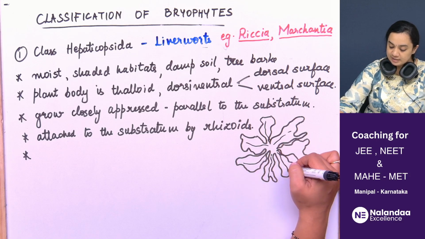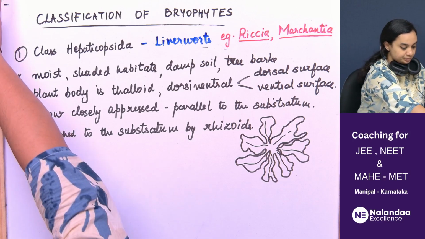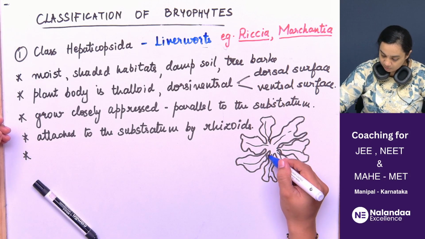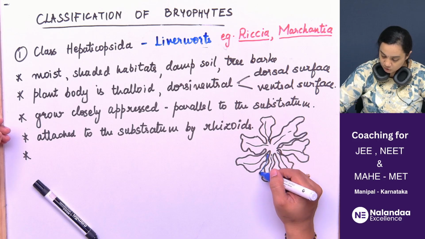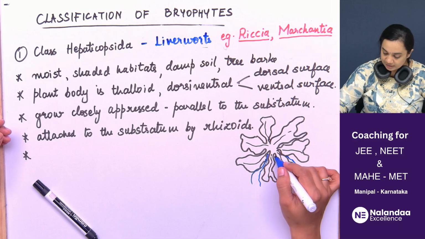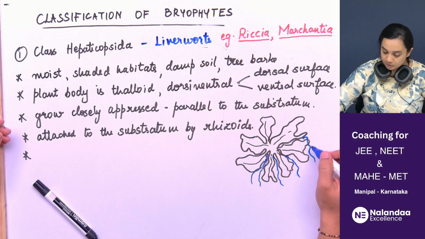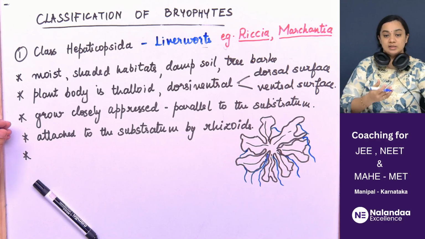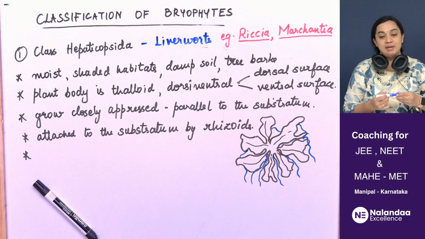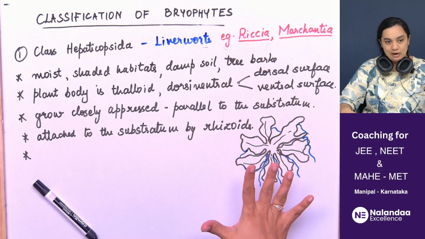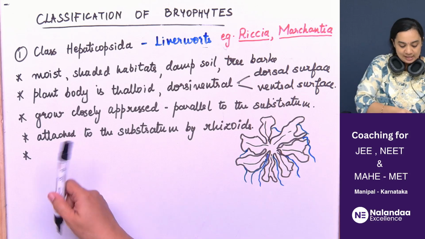Under this, let's say over here we have the ventral surface, from which tiny root-like structures called rhizoids arise. Rhizoids will arise all around the undersurface and attach the thallus to the substratum. So this is a thalloid plant body, a lobed thallus.